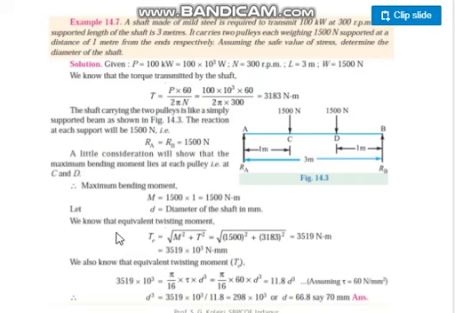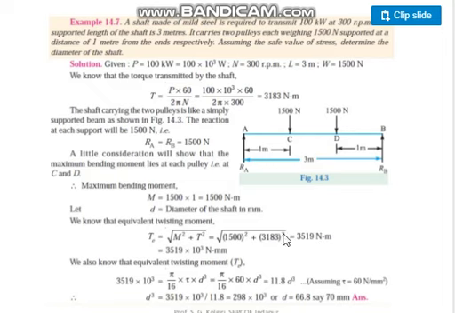So we know that the equivalent twisting moment is square root of M square plus T square. So M is 1500 and T is 3183. So it comes to 3519 Newton meters. Had you taken it in millimeters, here it will be into 10 to the power 3, and here also into 10 to the power 3 will come.